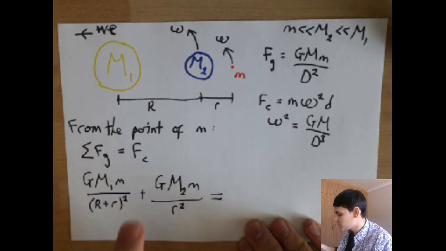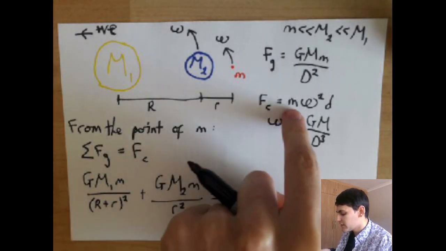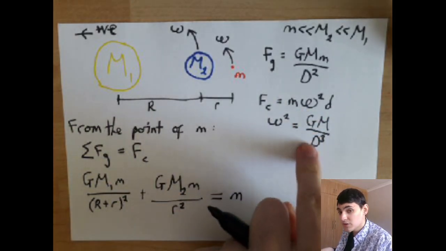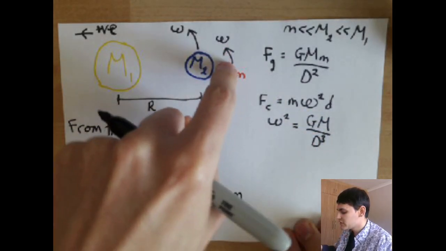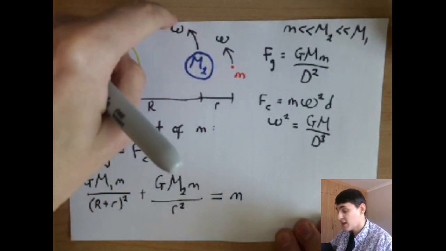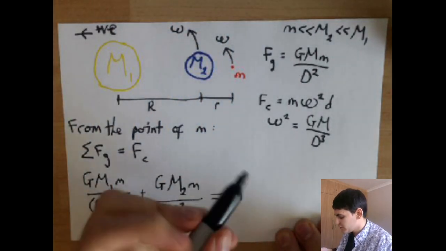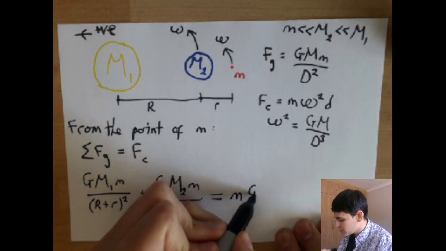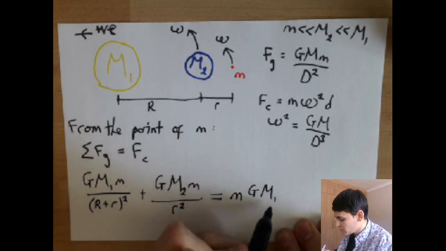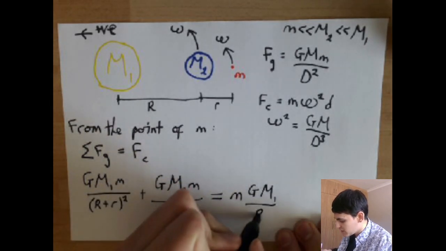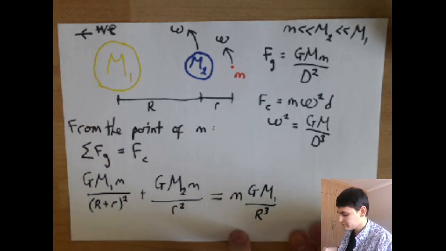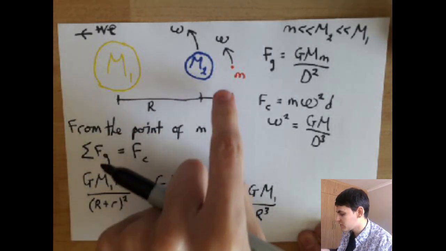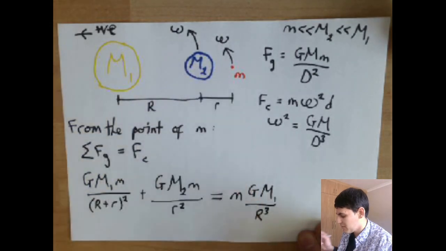And this is equal to the circular force, which is little m omega squared. We know that omega here is the same as the omega here, so we can use this formula for omega, and that will be G M1 over big R cubed, multiplied by the distance from m to M2.